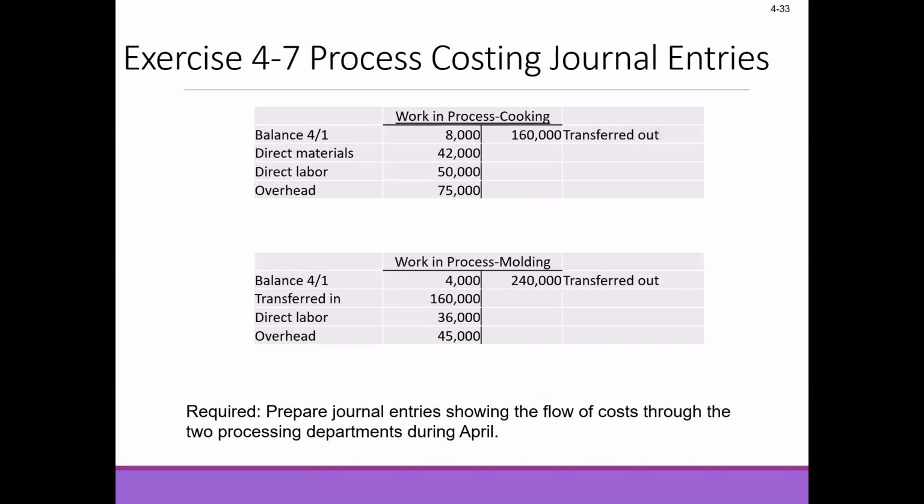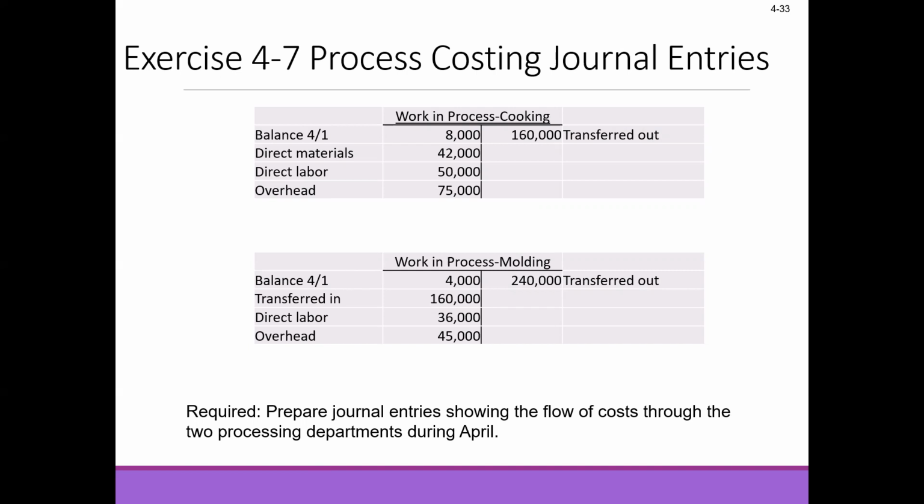So the cooking department started April with $8,000. It added materials of 42,000, labor of 50, and overhead of 75.